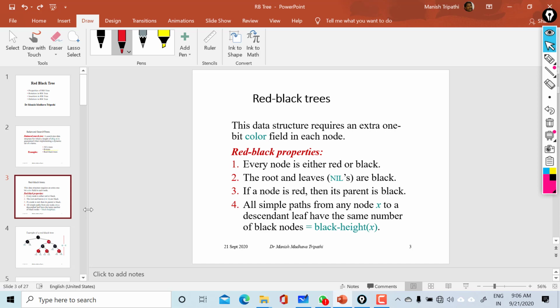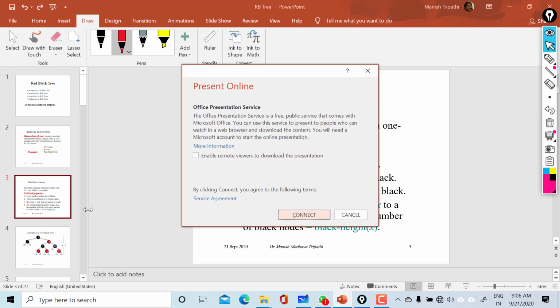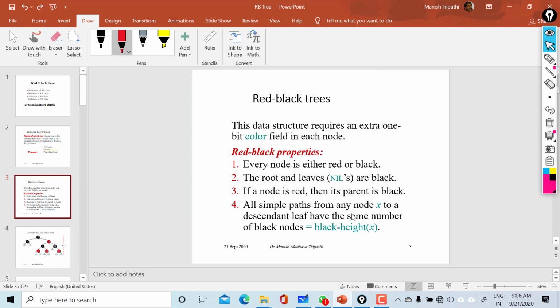The third property: if a node is red, then its parent is black.